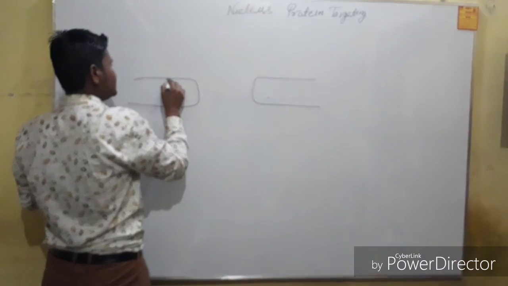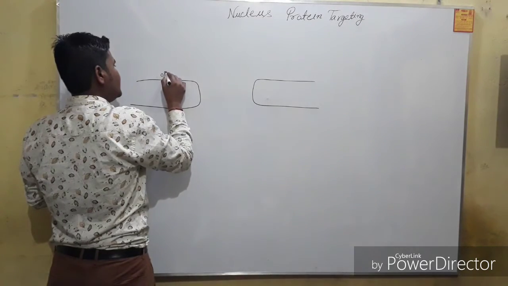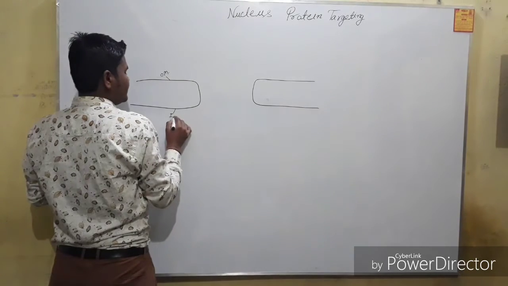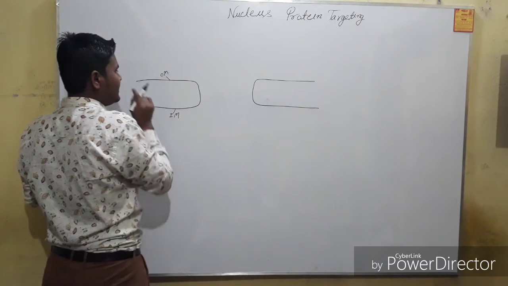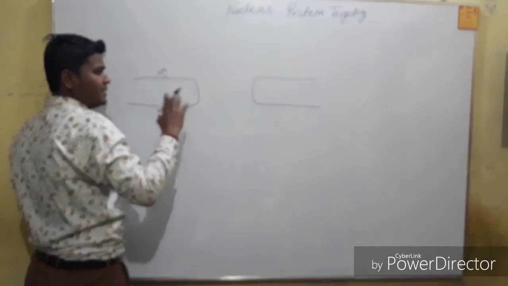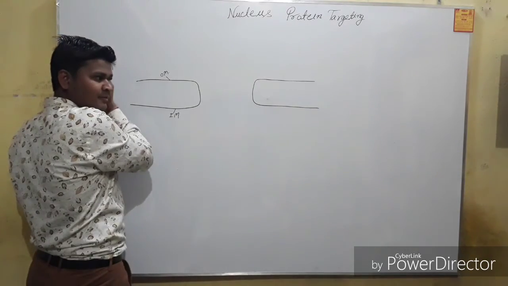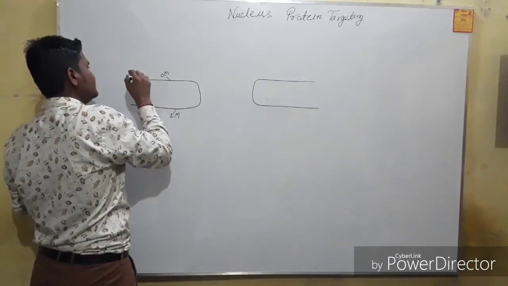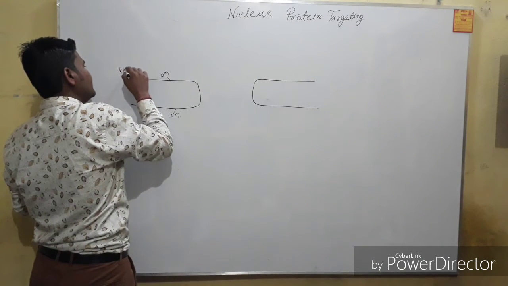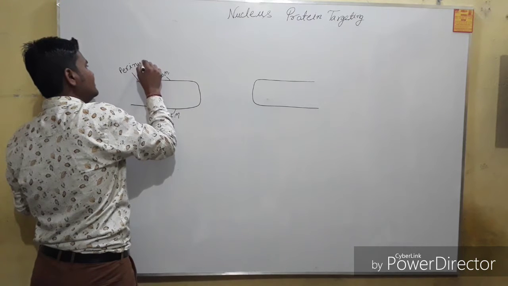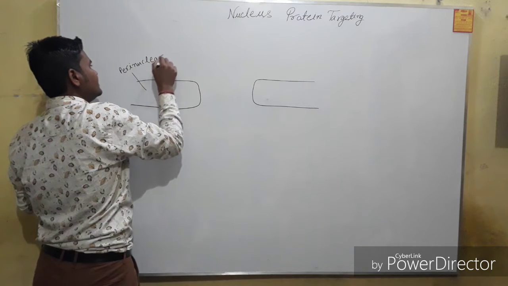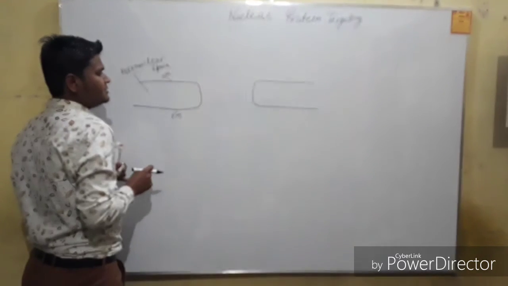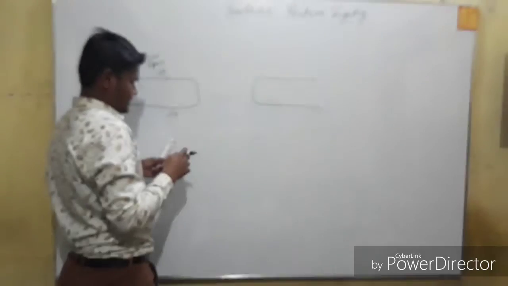This one is the outer membrane and this one is the inner membrane of the nuclear envelope, and this one is the perinuclear space.